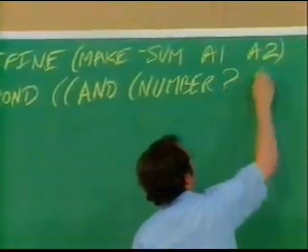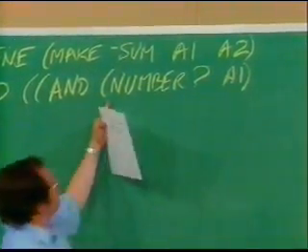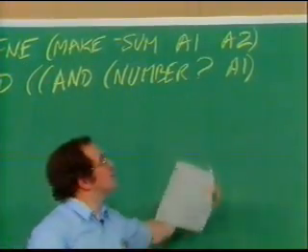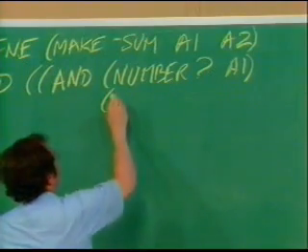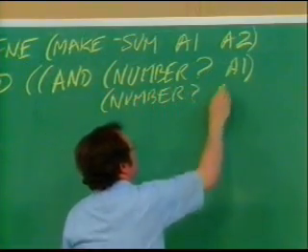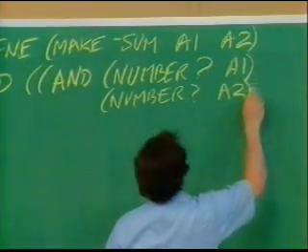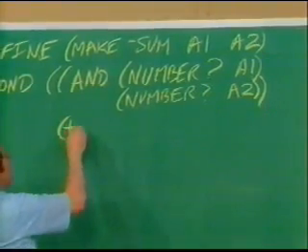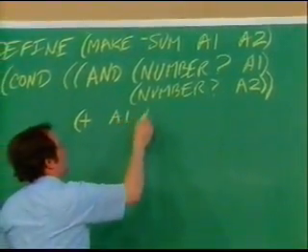If A1 is a number, and here's another primitive I've just introduced, it's possible to tell whether something is a number, and if A2 is a number, meaning they're not symbolic expressions, then why not do the addition now? The result is just the plus of A1 and A2.